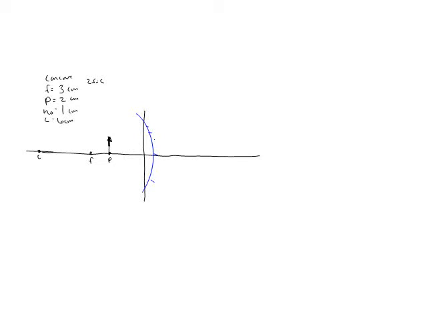Remember the rules. The first one, parallel through F. So from the top of the object, draw parallel till you hit the mirror. And when you hit the mirror, you're going to put it through F. It doesn't matter where F is located.